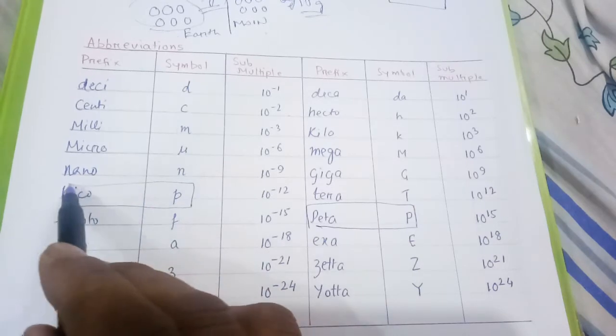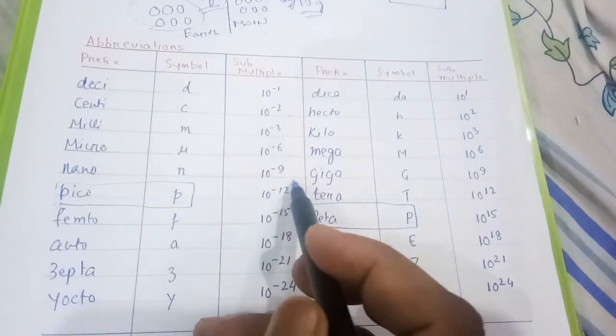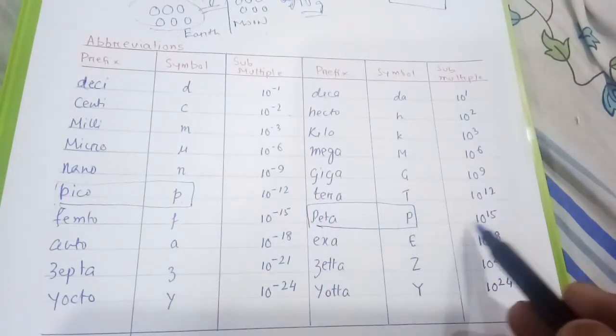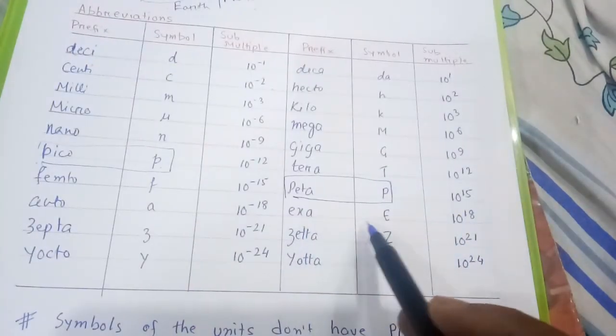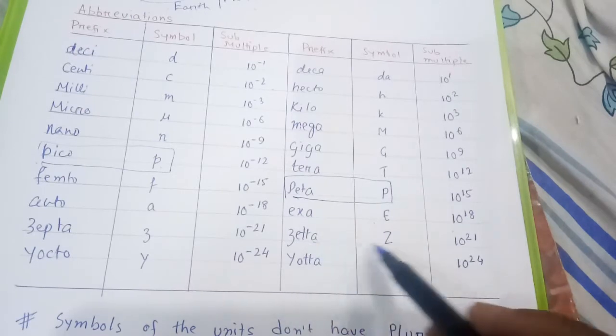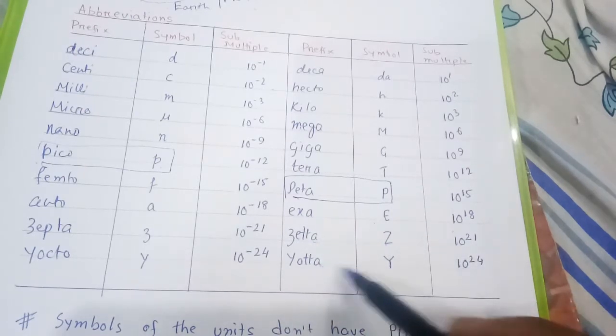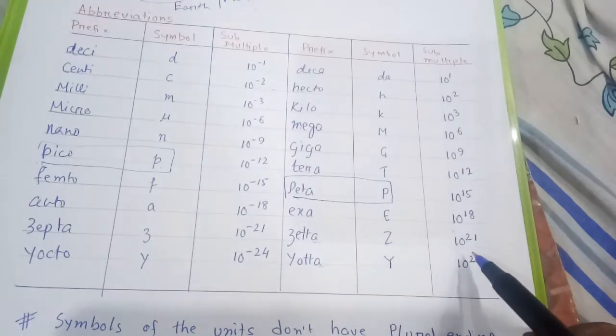Pico means small p 10 to the power -12, peta means capital P 10 to the power 15, exa E 10 to the power 18, zetta Z 10 to the power 21, yotta Y 10 to the power 24.